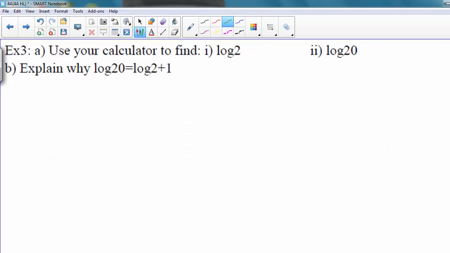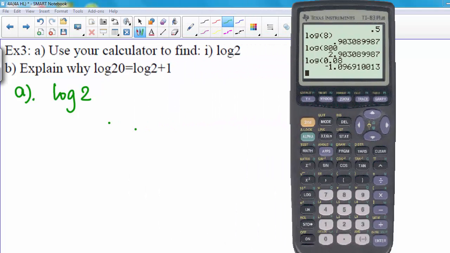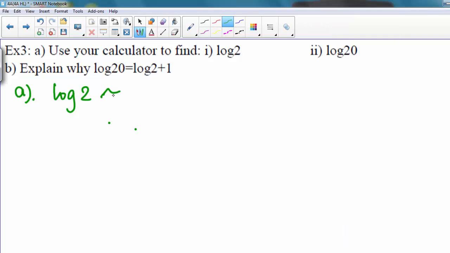Okay, so let's look at how we can use the calculator to find log 20, and explain why log 20 equals log 2 plus 1. So let's use the calculator to find log 2. So it's log 2, which is around, let's keep 4 decimal places still, 0.3010.